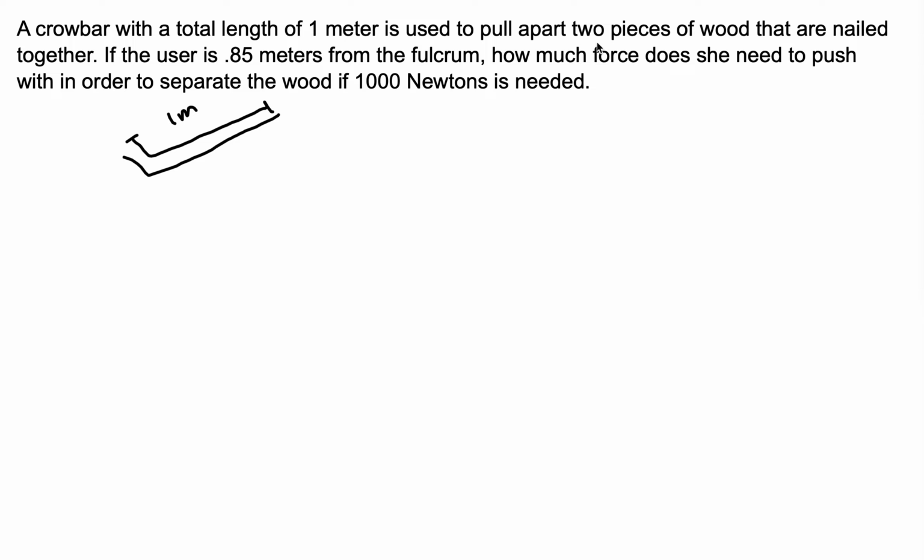Now I'm using it to pull apart 2 pieces of wood. So I'm doing some demo work, and I shove it in between 2 pieces of wood that are nailed together. Okay. Now it says that I am 0.85 meters away from the fulcrum. So the user is always on the longer end. Otherwise, it's harder to use the machine.